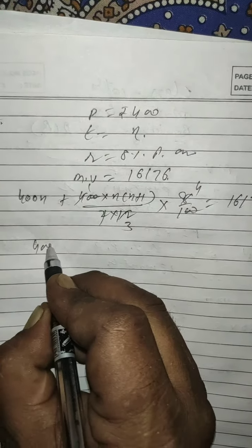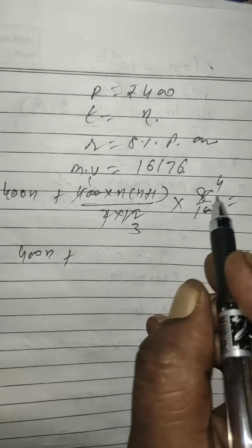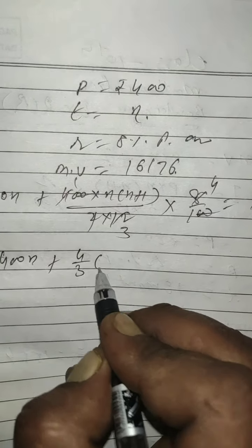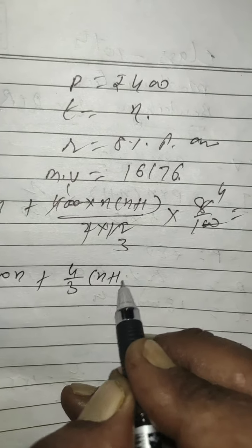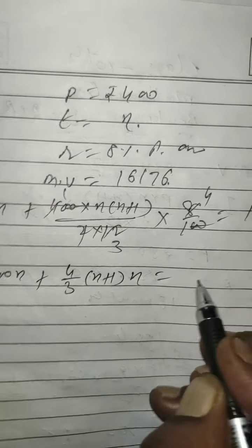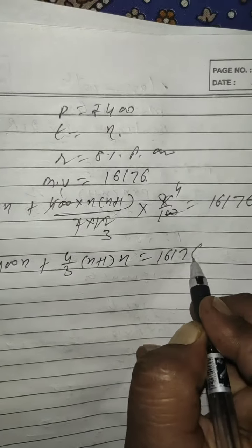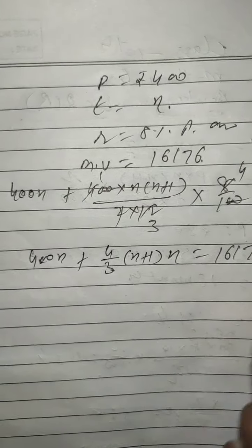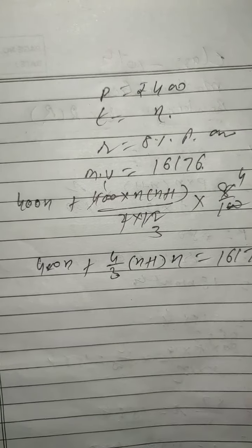Here, on the left, 400n plus 4 over 3 into n into (n plus 1) is equal to 16176. Open the bracket and cross multiply with 3 on both sides.